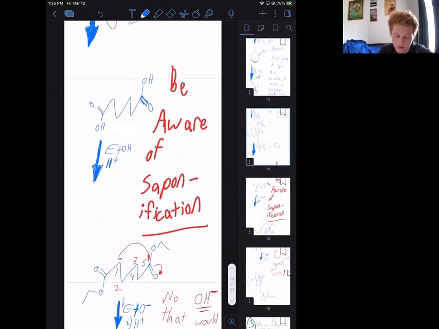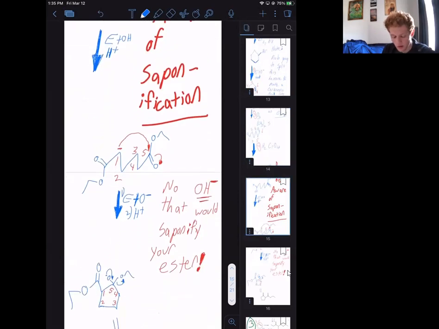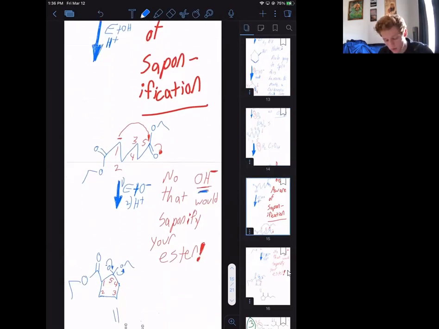So I say all that to say you're going to need to make your esters first, and then you're not going to be able to use OH. You're going to have to use basically the basic form of whatever your alcohol is. So for this one, it's methanol or ethanol. If it was methanol, you would need to use just one carbon instead of two.